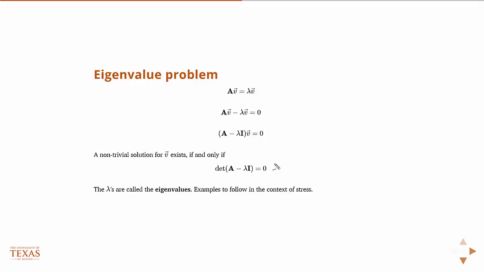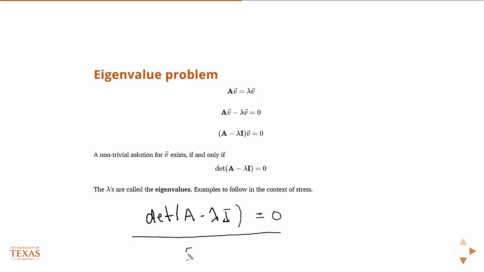The order of the equation is dependent upon the order of the matrix. Right? So if you have a 2 by 2 matrix, there'll be 2 eigenvalues. The order of the characteristic equation, that's the determinant of A minus lambda I, right?